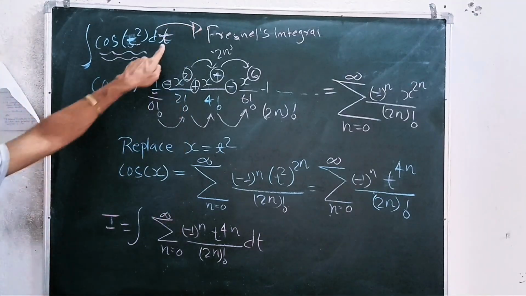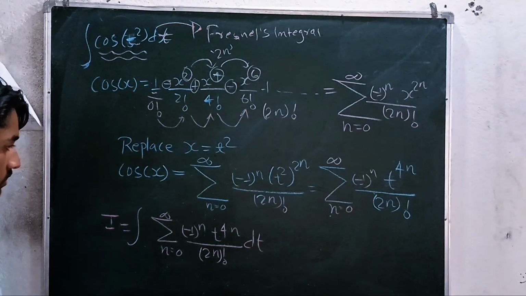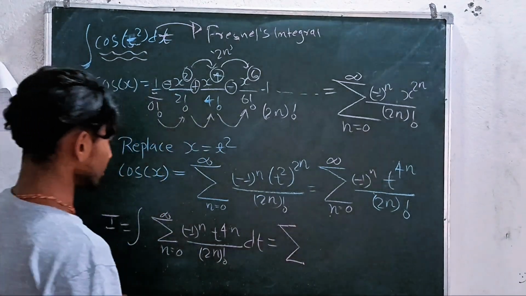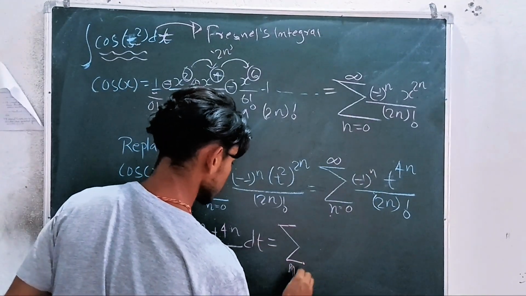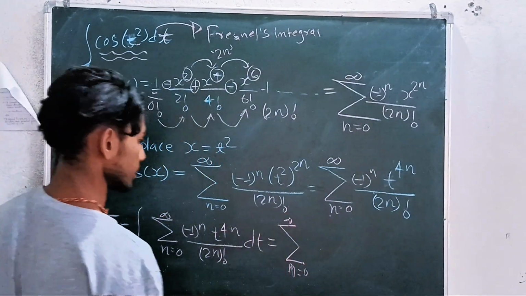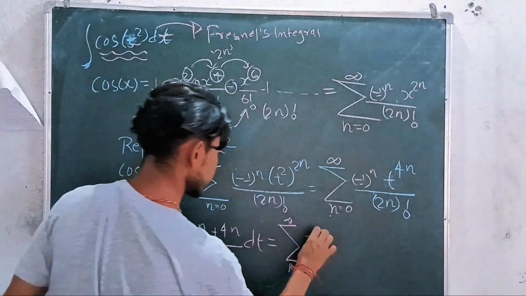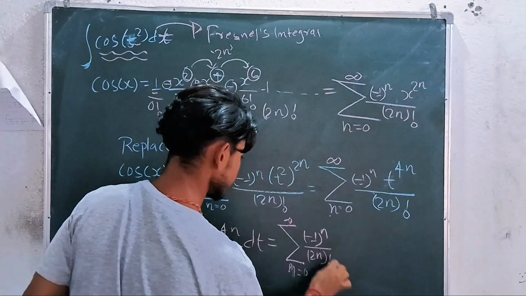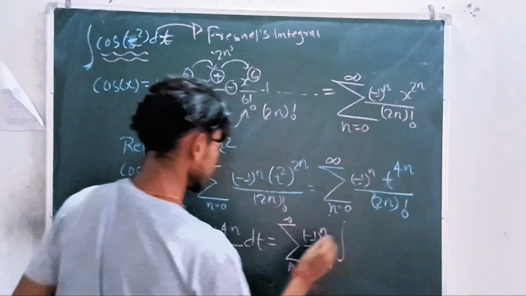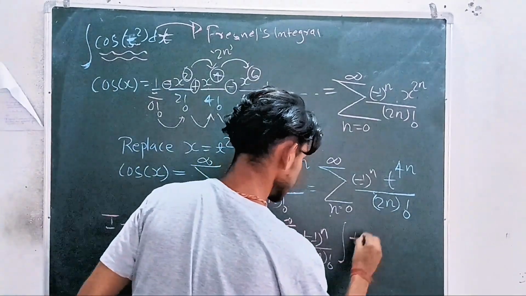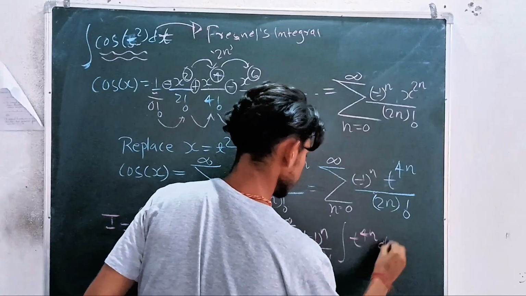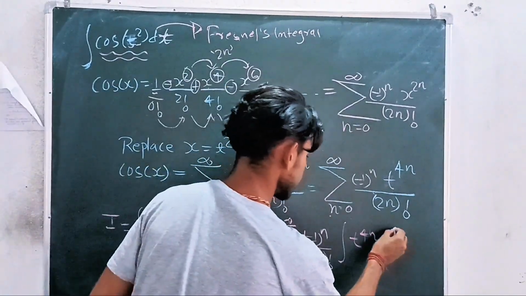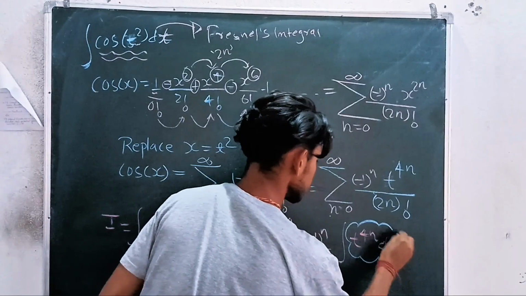The summation can be taken out of the integration, and the term minus 1 raised to n over 2n factorial can also be taken out. Then you simply get t raised to 4n with respect to dt.